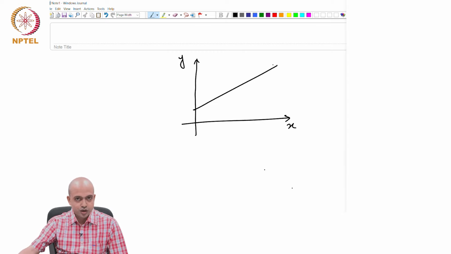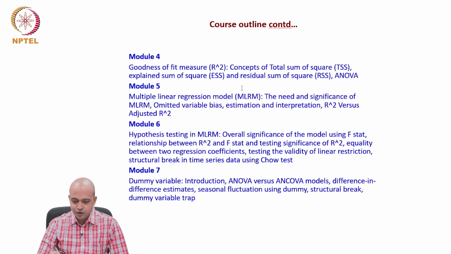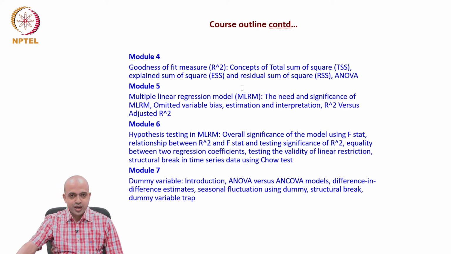Out of that total variation in y, how much my model is able to explain is given by explained sum of square, and the residual, if any, is given by residual sum of square. So, the total variation in yi can be decomposed as a sum of explained sum of square and residual sum of square.